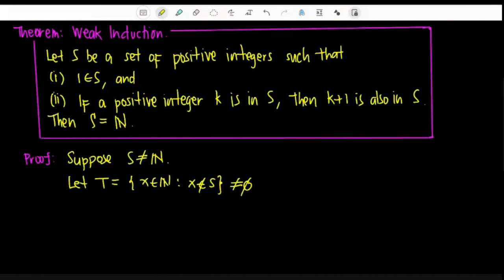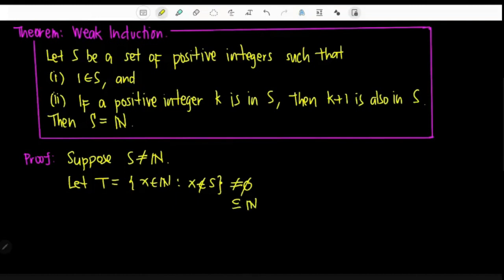So there must be an element of the set of natural numbers which is not in S, and that element is in T. So T must have at least one element. So it's a non-empty subset of positive integers.